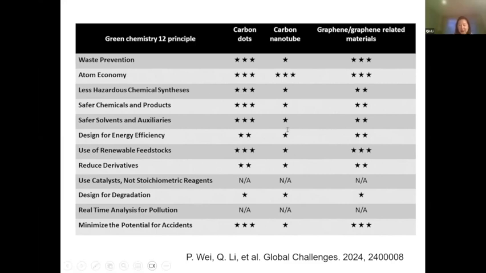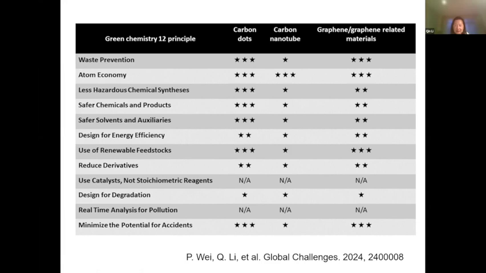Carbon dots, carbon nanotubes, and graphene materials are put in comparison, and carbon dots seem to be winning on these green chemistry principles. But what is falling short are design for energy efficiency, not really looked into heavily yet, and reduced derivatives, because of the thermal process used by most of the researchers.